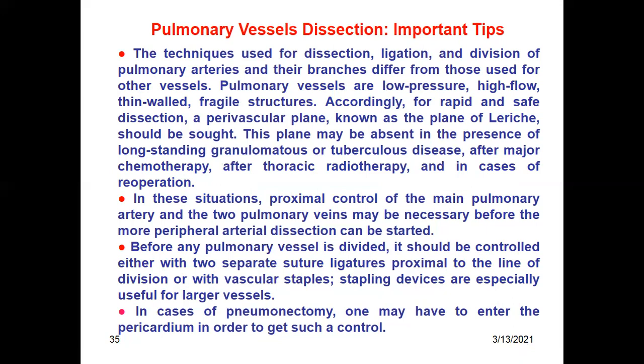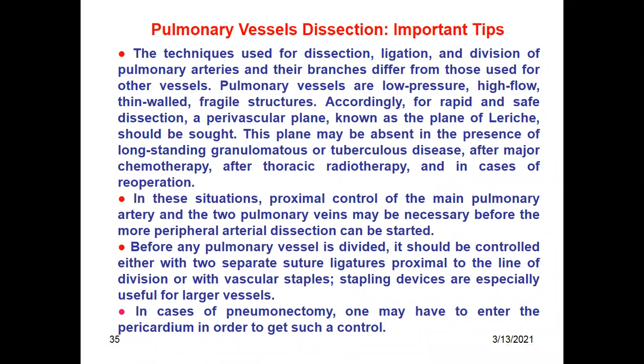In these situations, when we have scarring and difficulty isolating the pulmonary vessel, we have to do a proximal control of the main pulmonary artery and the two pulmonary veins before the more peripheral arterial dissection.